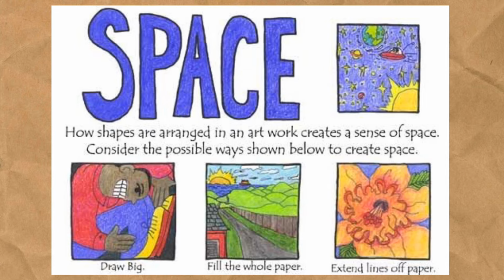The following examples are how shapes are arranged in an artwork creates a sense of space. Consider the possible ways shown below to create space. Draw big, fill the whole paper, extend lines of paper.